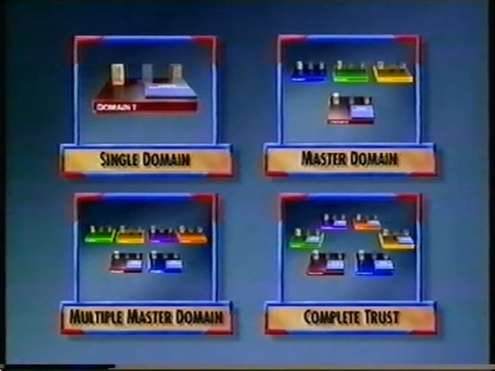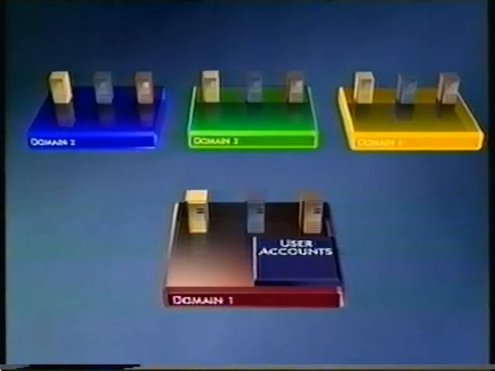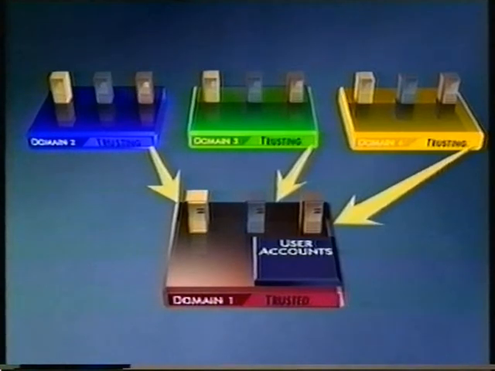Expanding networks or a changing organization may require the flexibility of the master domain model. In the master domain model, there is one master domain on which all user accounts are maintained. One or more resource domains are linked to the master domain with trusts. The master domain is the trusted domain, and all of the resource domains are trusting domains.